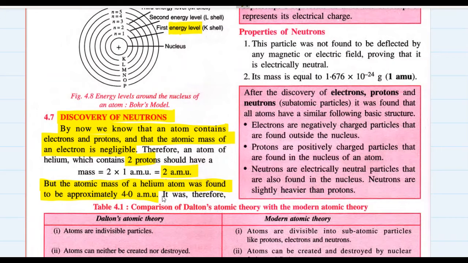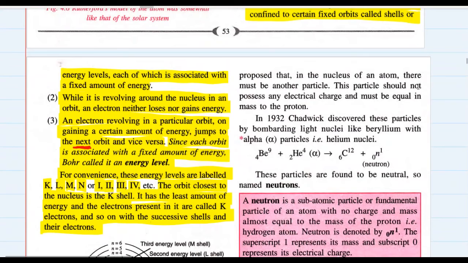Atom still will be neutral if we add some neutrons in it. But neutral particles might have some mass. So it was therefore proposed that in the nucleus of an atom there must be another particle. This particle should not possess any electrical charge and must be equal in mass to the mass of proton.